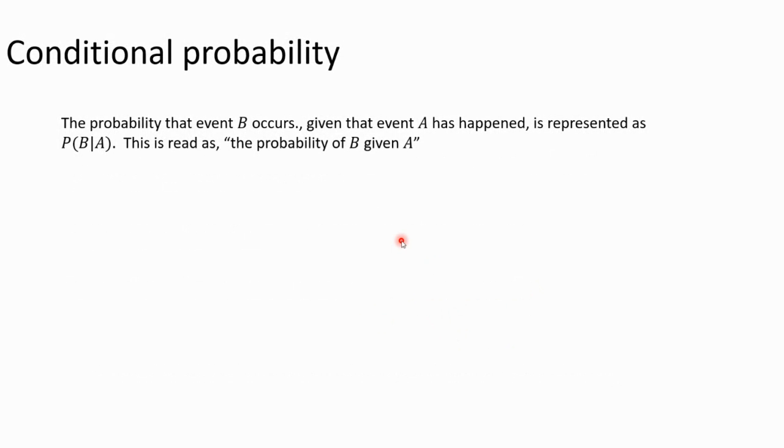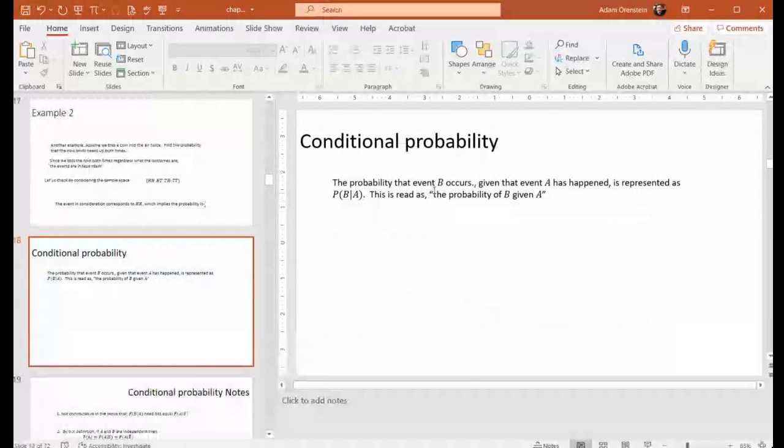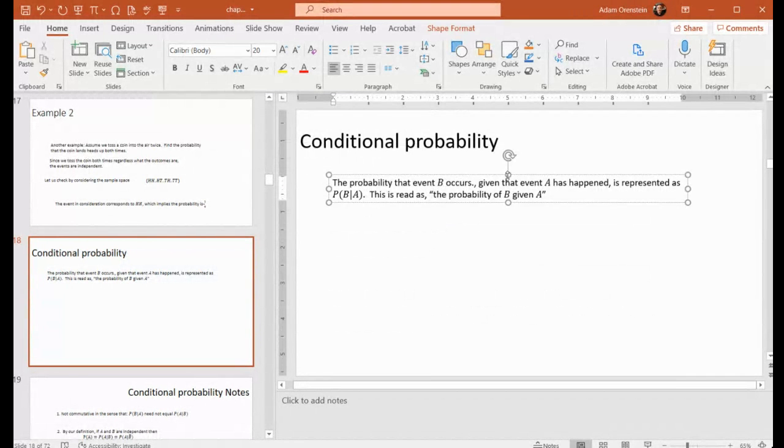This is what we call conditional probability. This is what we're going to use if the events are not independent. So you can still get the probability of two events occurring if they're not independent. Here, however, you're going to need what we call conditional probability.